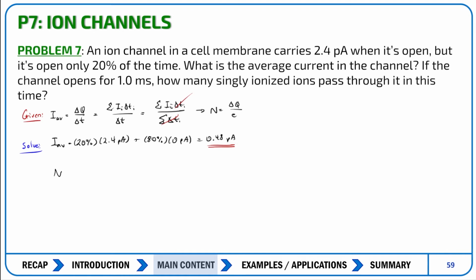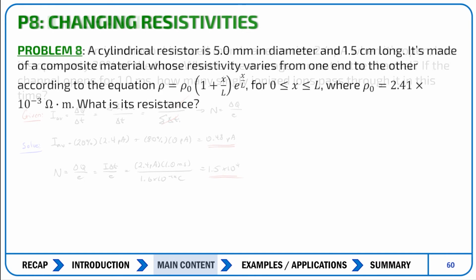That's going to be N. N is equal to delta Q over e, which is equal to I delta t over e, which is 2.4 picoamps times 1.0 millisecond over 1.6 times 10 to the negative 19 coulombs, which is equal to 1.5 times 10 to the 4 singly ionized ions. And that's it.